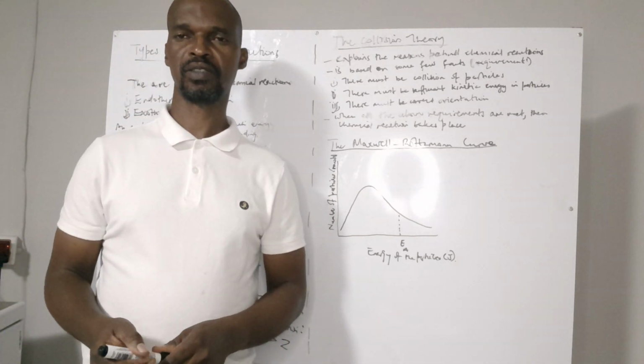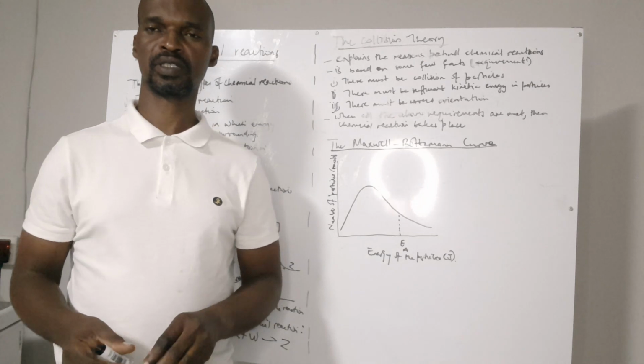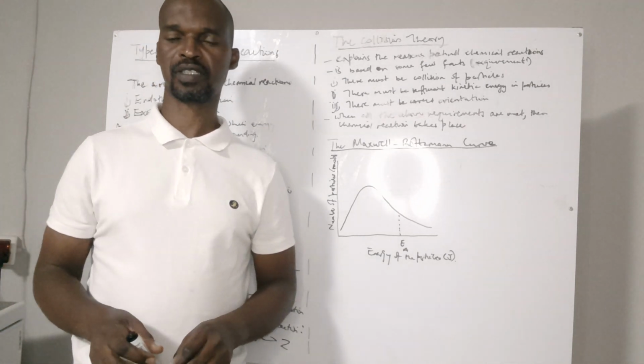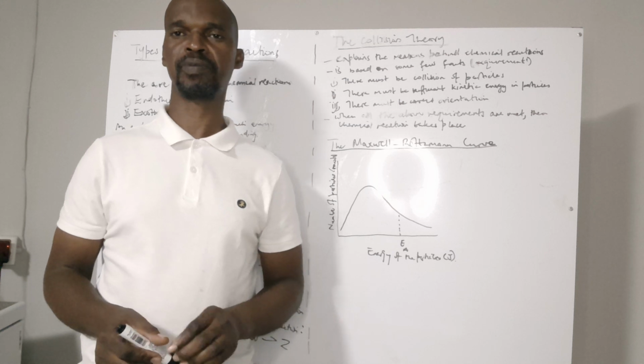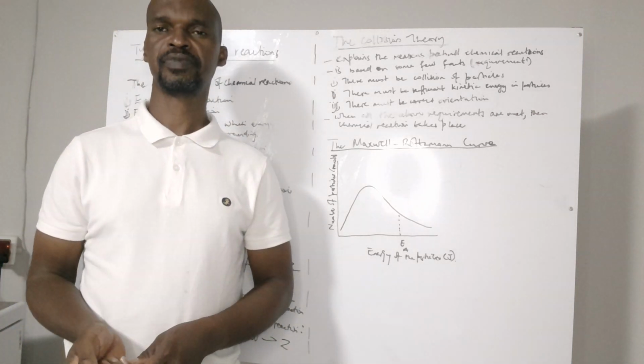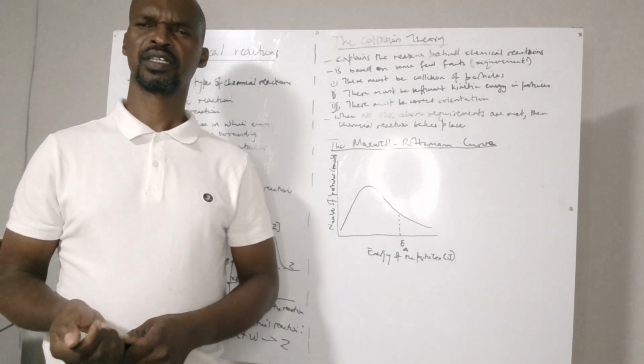So today we are going to be doing what they call paper 2 in physical sciences, which is chemistry, and the part of that we'll be busy with will be the chemical reactions.